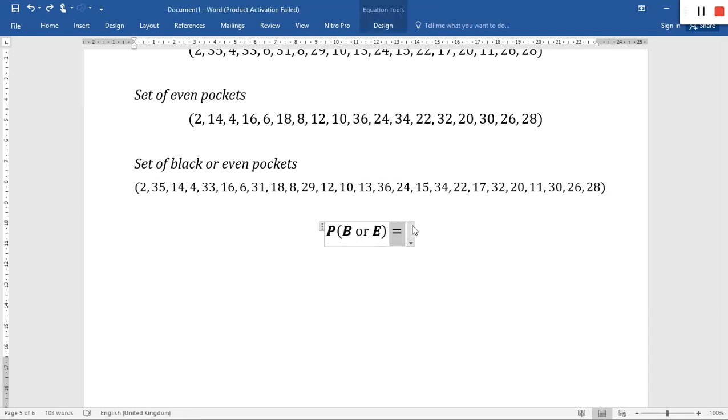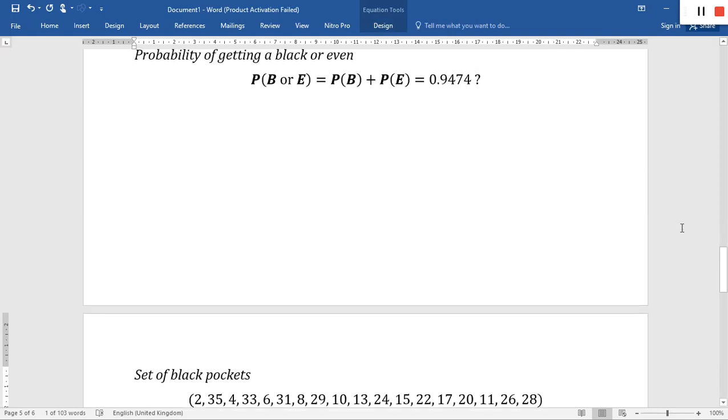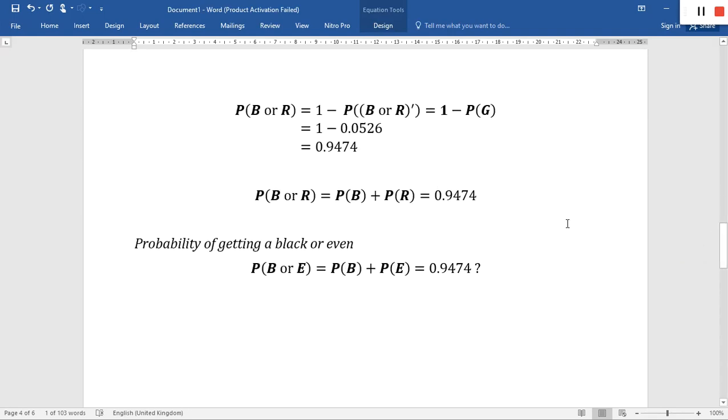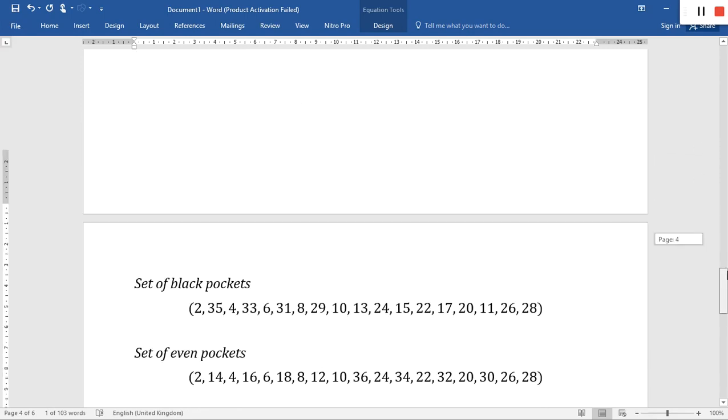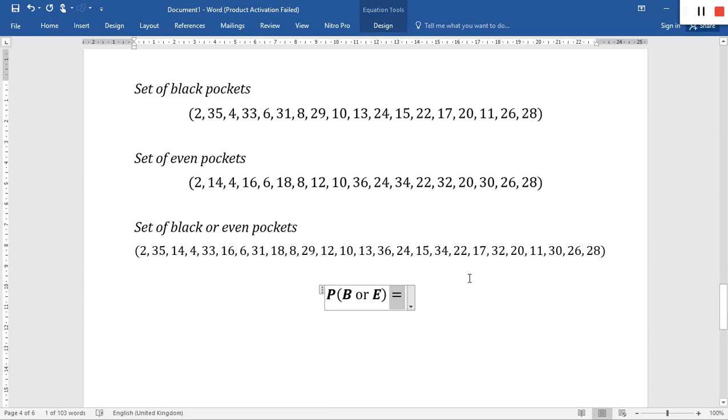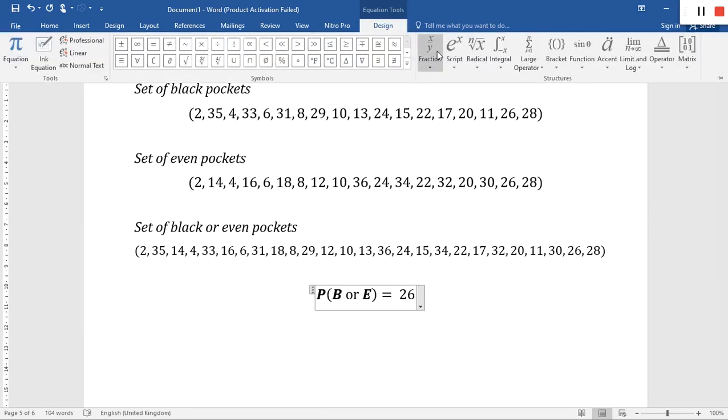When you check 18 plus 18, that's 36. So 36 divided by 38 is this. If you also check mutually exclusive, which is 8 plus 8, 16, 16 divided by 36 gives you a smaller number. The actual number is 26 divided by 38.